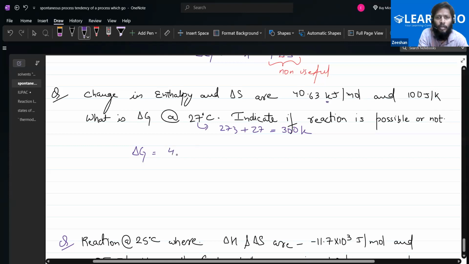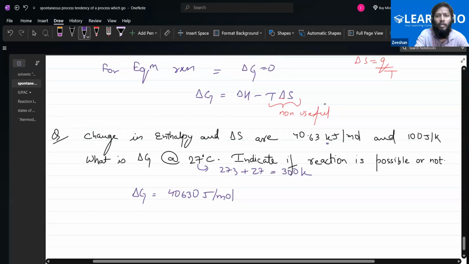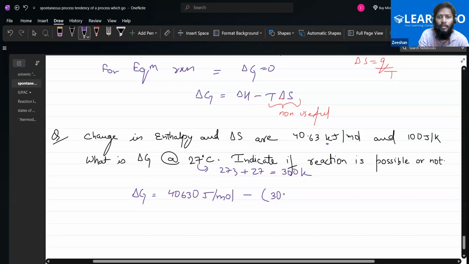So we will write it as 40630 joule per mole. Anybody having problem with this? Okay, good. And by the formula, minus T, temperature is 300, into delta S is given as 100, right?